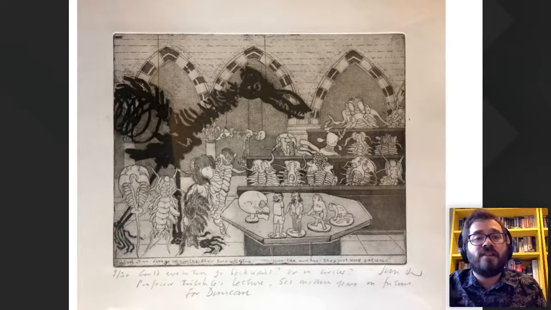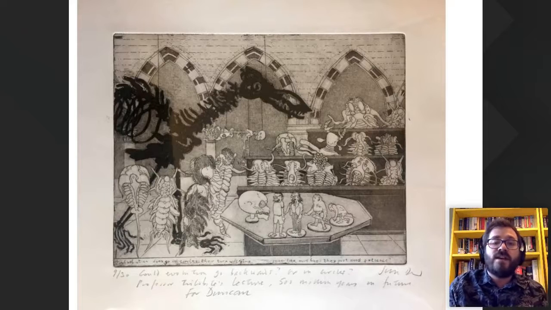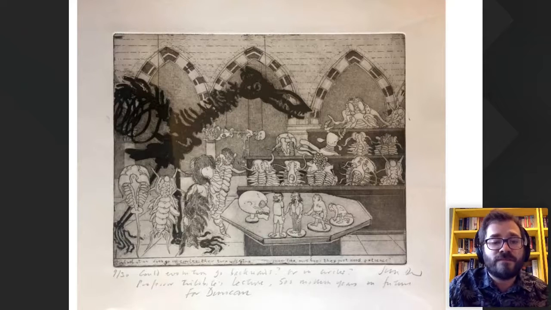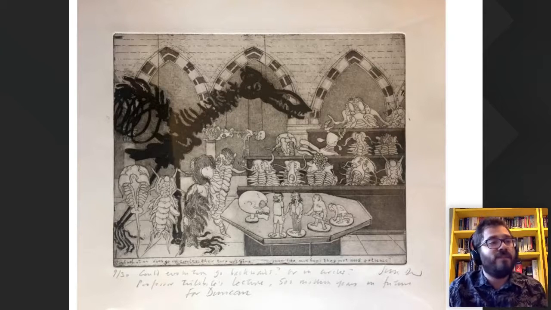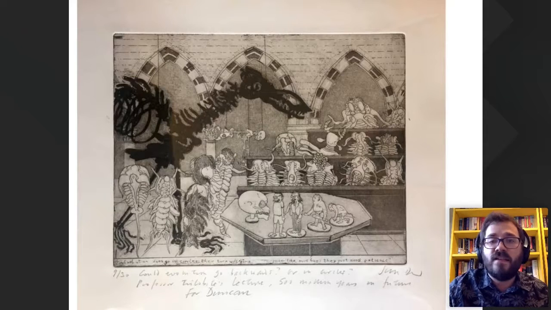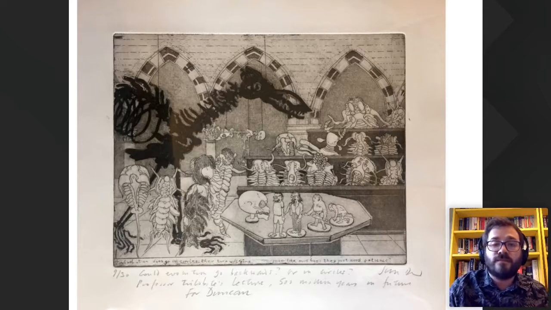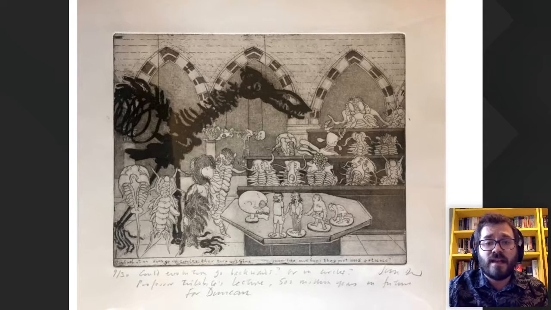And I'll finish by returning to this question posed by Professor Trilobite. So, could evolution ever go backwards or in circles? And I think in a very fundamental way, it's important to say no, that this event, the Cambrian explosion, was a one-off, and it fundamentally changed the Earth and the way that organisms interact with their environments.